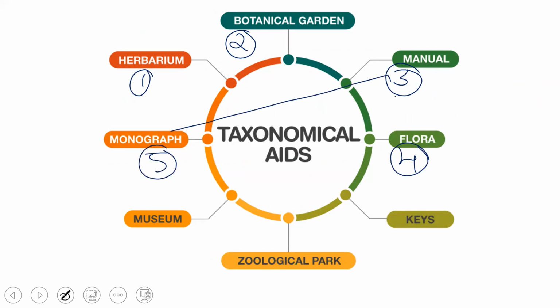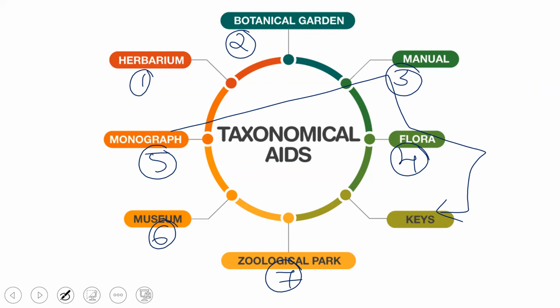All these are the taxonomic keys. Okay. Then comes another group, that is museums, then zoological parks. So all these are the different taxonomic aids which we are going to learn in today's class. It's an important topic, and a lot of questions can be asked from this particular group. Okay.